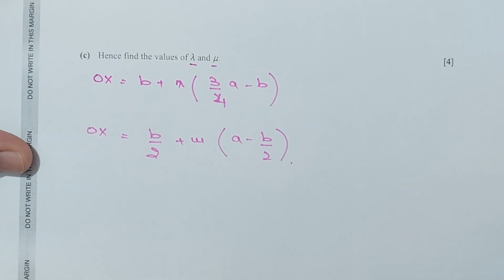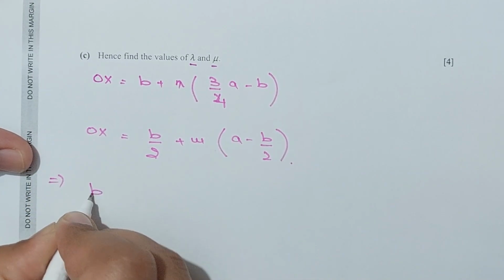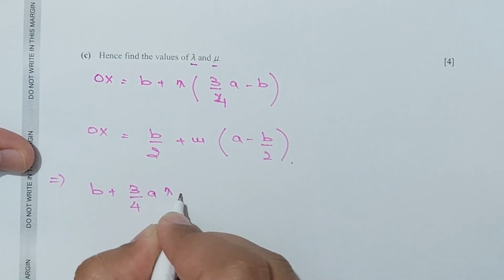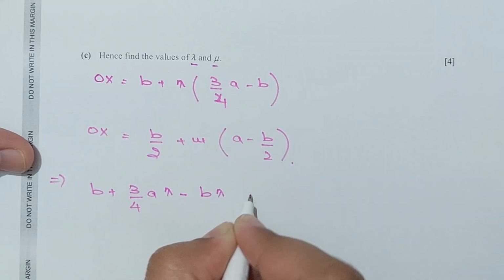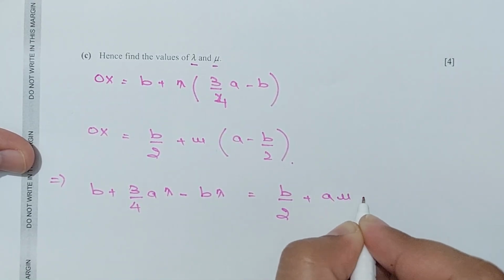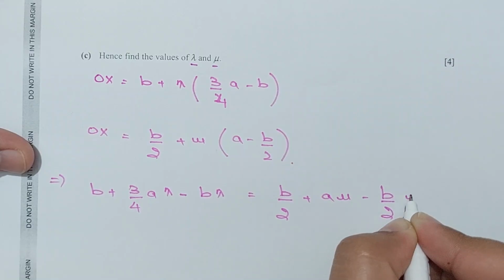To solve for lambda and mu, we put both equal. So B plus 3 by 4 A lambda minus B lambda equals B by 2 plus A mu minus B by 2 mu.